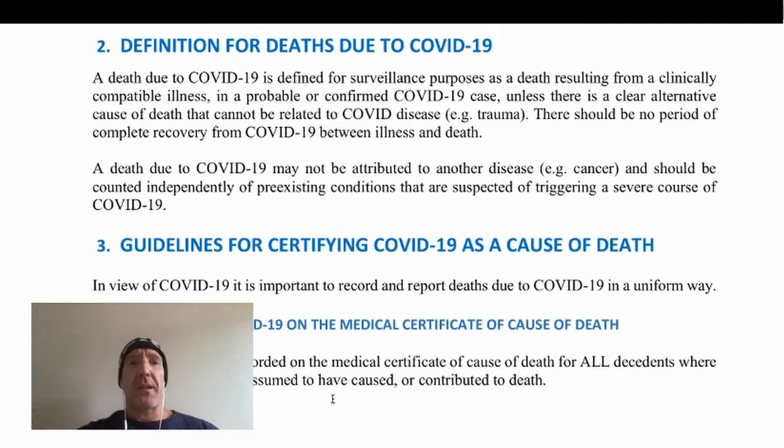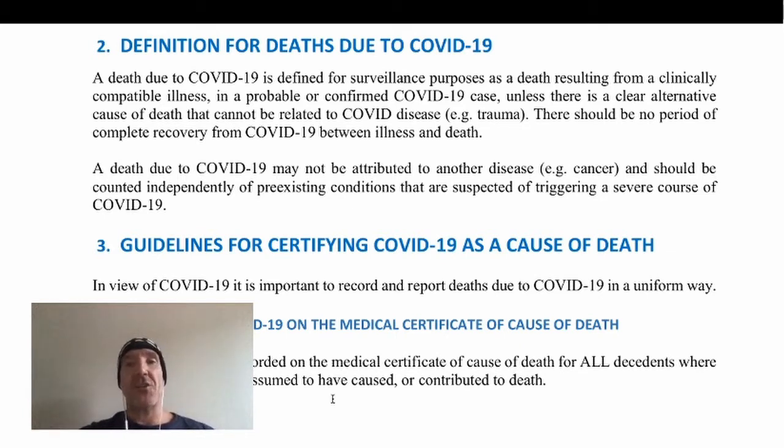A death due to COVID-19 may not be attributed to another disease, for example, cancer, and should be counted independently of pre-existing conditions that are suspected of triggering a severe course of COVID-19.